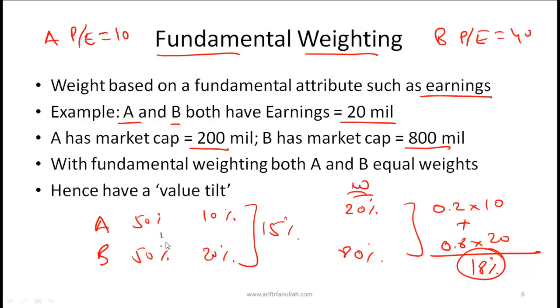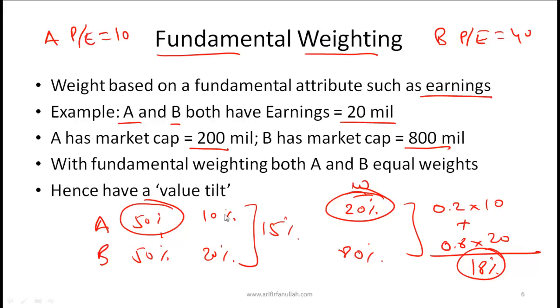So in a fundamentally weighted system, A, which has a much better value, in other words a lower PE, gets a relatively high weightage compared to the 20% weightage in a market capitalization based index.